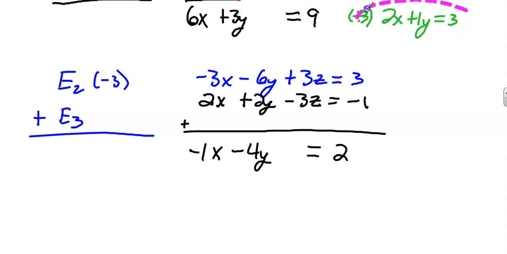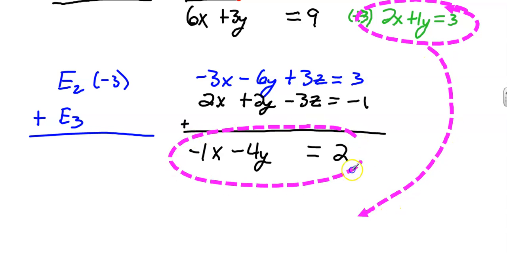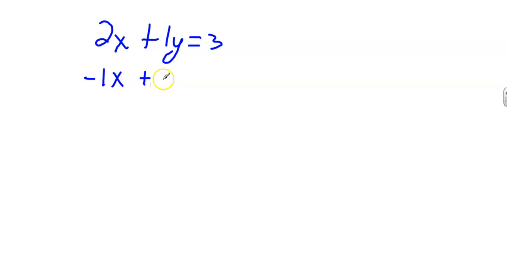So let's take this equation and bring it down, and we'll take this equation and bring it down. So those two. And what was the second equation? Plus 4y plus 2.